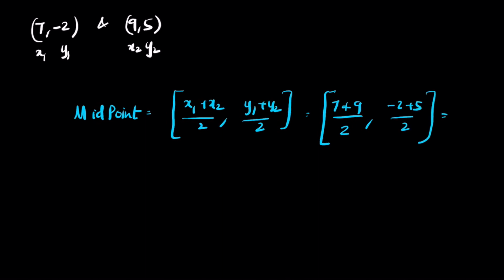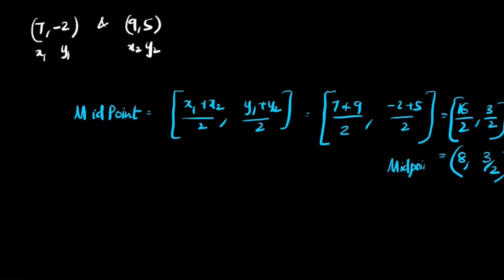So 7 plus 9 by 2 becomes 16 by 2, -2 plus 5 by 2 becomes 3 by 2. So that becomes 8, 3 by 2. So that's the midpoint of the two given points.